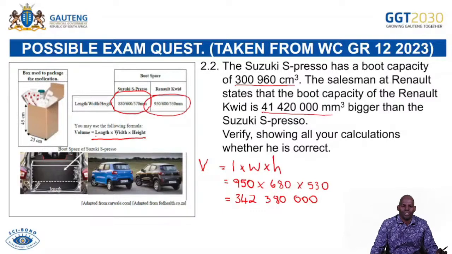You can also check with your calculator, boys and girls: 950 times 680 times 530.